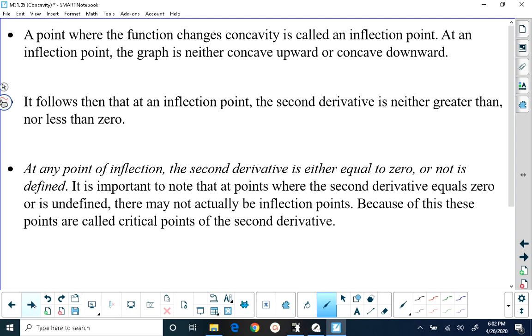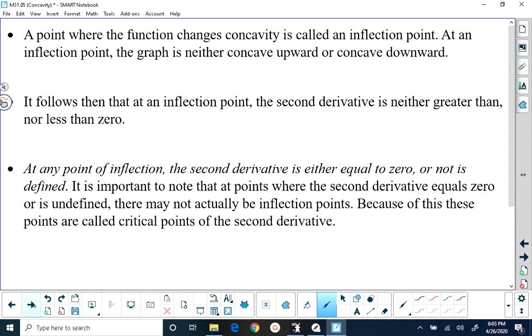The second derivative only has two options then. If it's not positive and it's not negative, then one of the possibilities is the second derivative at an inflection point could be equal to 0, and the other option is it could be undefined.